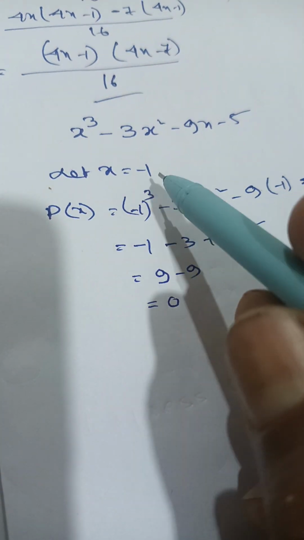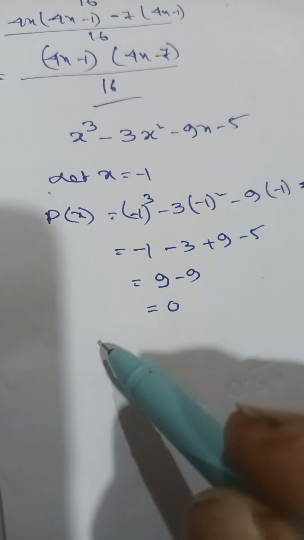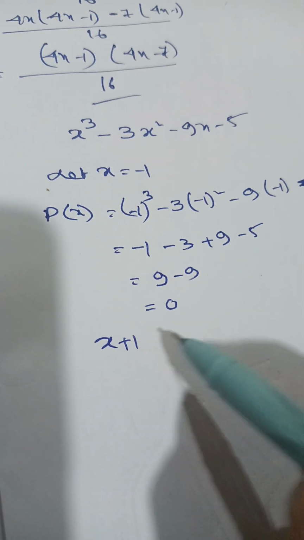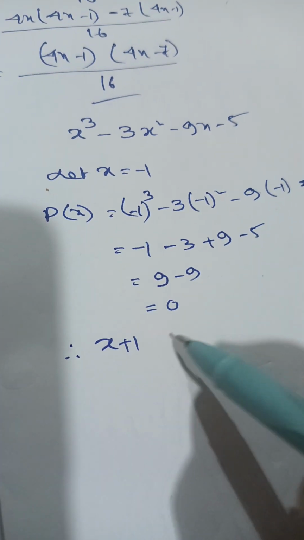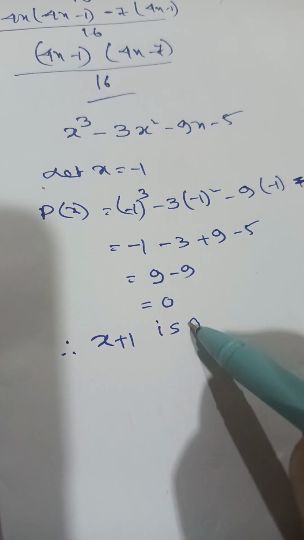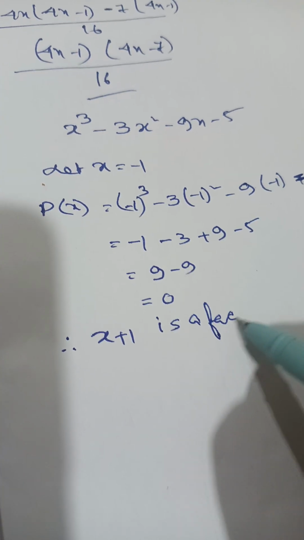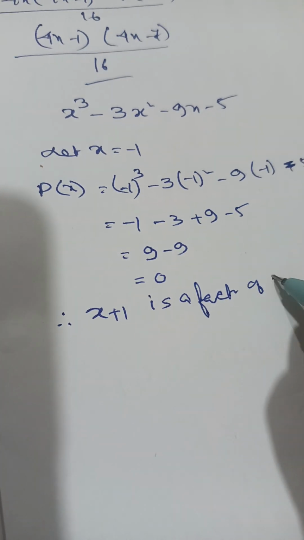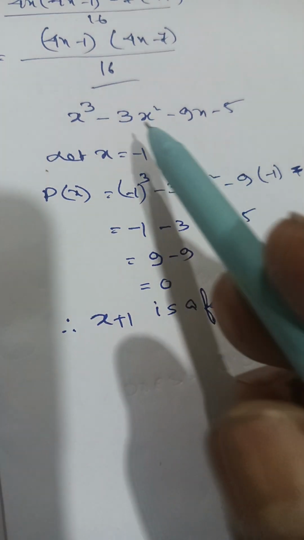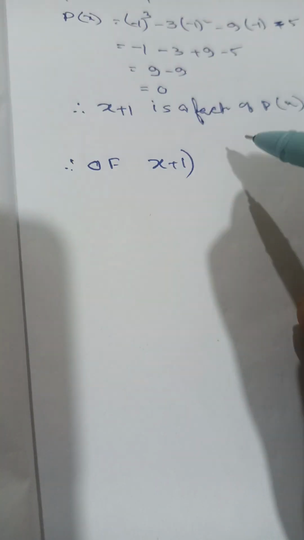So when x is equal to minus 1, you remember the factor will be x plus 1. You write therefore x plus 1 is a factor of p(x). p(x) means this one. Now you find the other factor. You write therefore other factor is, you divide p(x) by x plus 1.